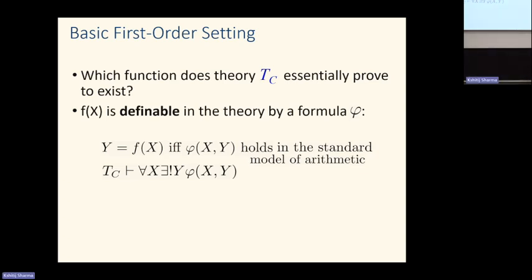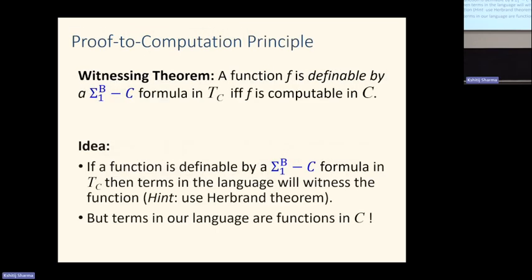It just says the following: the function f is definable in the theory if I have a formula that defines the binary relation of this function. That's most of the details that I'm going to give about this setup.